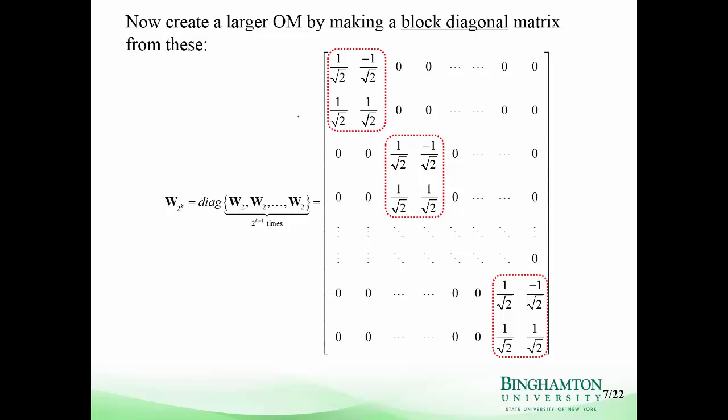So if we go back one slide, so here we are, slide 7, you can see that the odd rows will be here, here, so on, all the way down to here. And you can see that it's the odd rows that have the negative sign in them. The even rows have both positive.